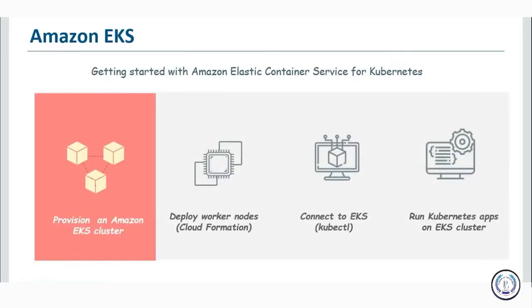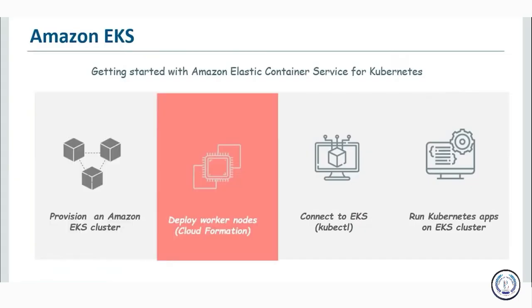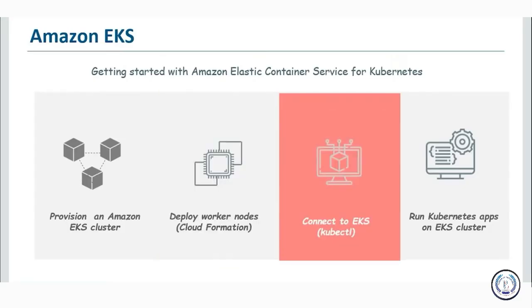This you can do using the AWS Management Console or AWS CLI. Once you've created a cluster, you need to create your worker nodes and then add them to the cluster which you created earlier. As for the demo part of the session, we'll be using a CloudFormation template to create and configure worker nodes.